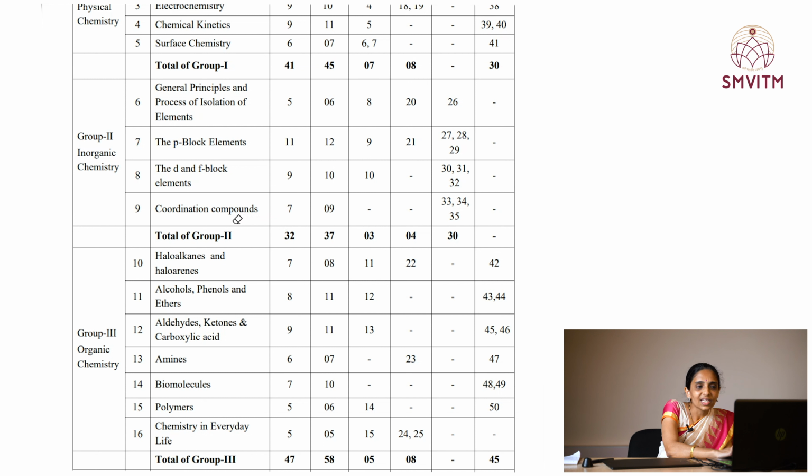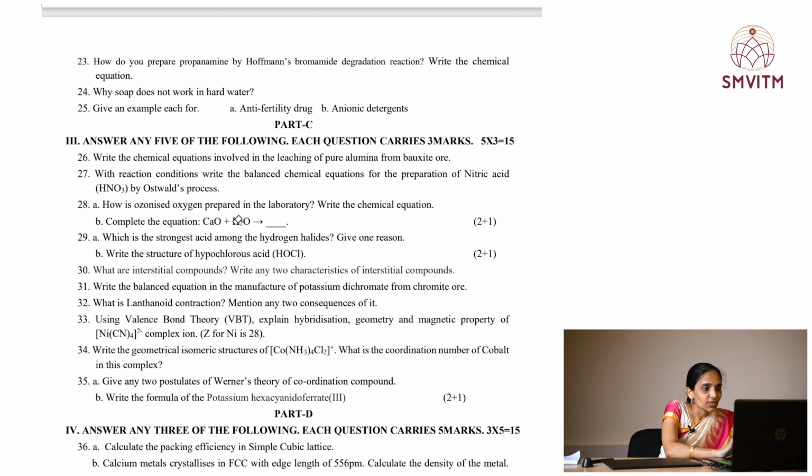There are totally how many questions? There are 10 questions, and out of these 10 questions, you need to answer only five questions. The first 3-mark question in your paper, that is question number 26, will come from general principles, and 27, 28 and 29 will come from P block elements.